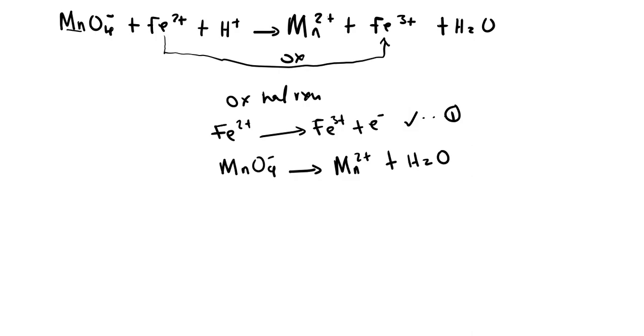So I have MnO4 negative giving us Mn2+ plus 4 water molecules. Then it's now lacking hydrogen ions. Since that side has 8 hydrogens from the water molecules, I'll add 8 hydrogen ions.